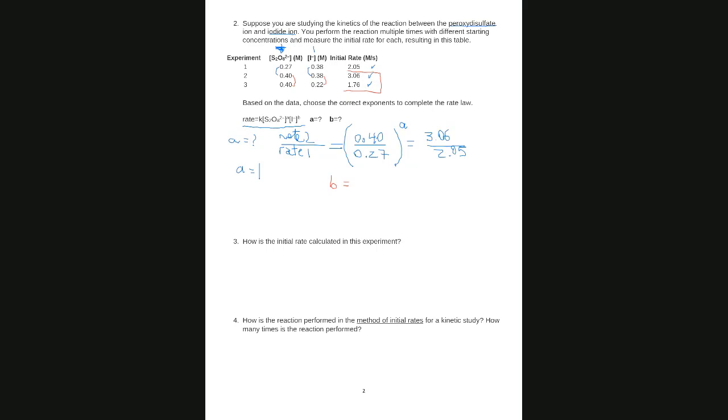Yes. Even if you do it the other way, it's okay. I usually put the bigger rate in the numerator because it's easy mathematically, but it doesn't matter. You can do 2 divided by 3 or 3 divided by 2. You're going to have the same number.